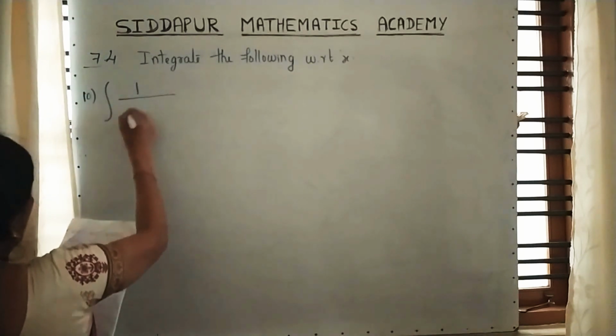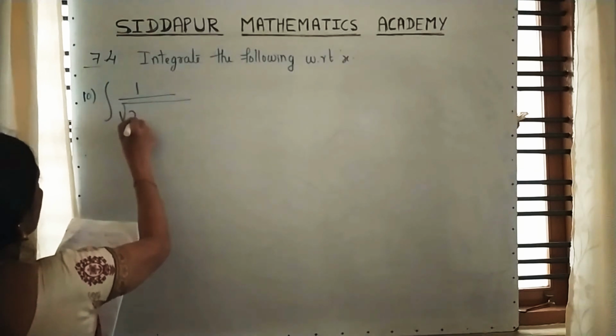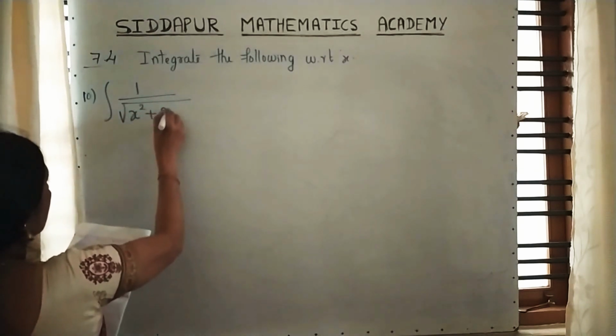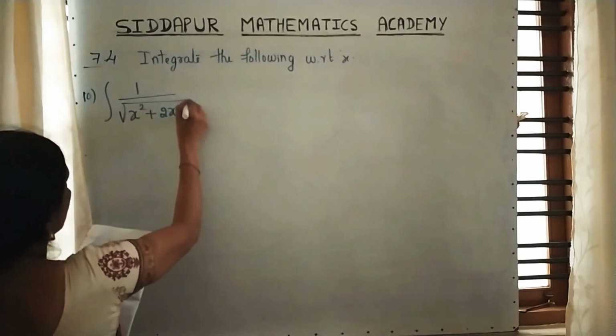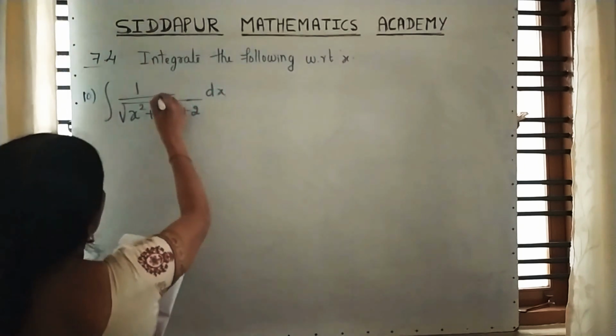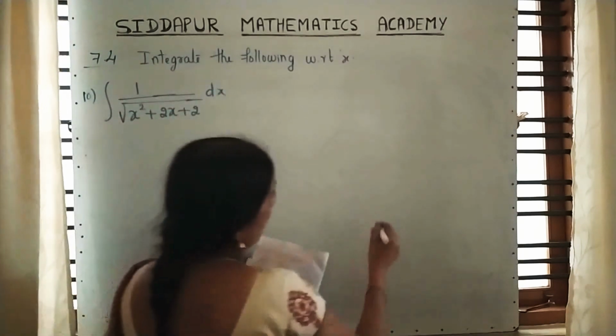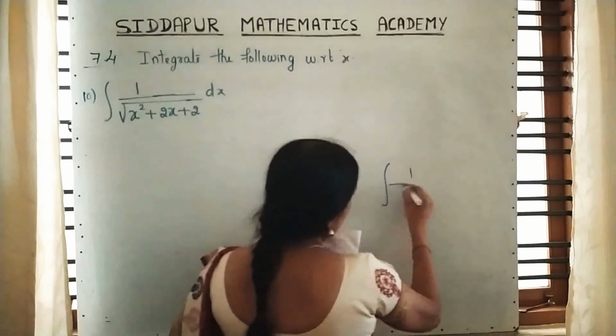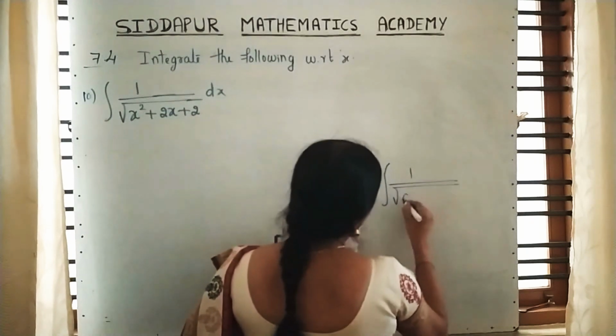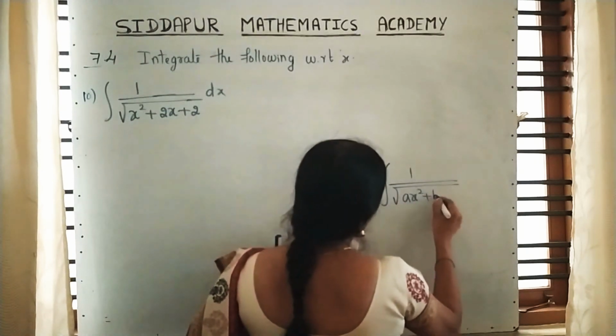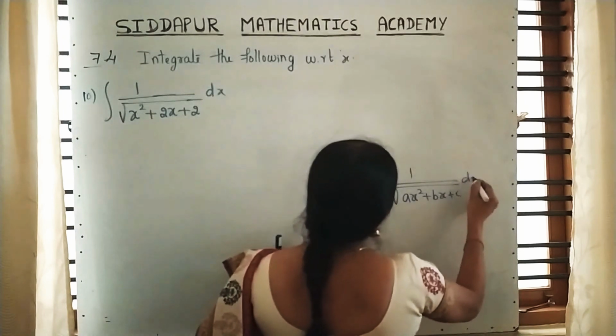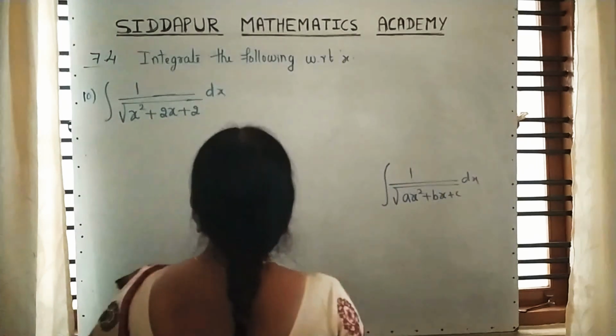Integration of 1 upon root of x square plus 2x plus 2 into dx. See, it is in the form of, have you remembered the method? It is root of ax square plus bx plus c. In the previous class I already explained this.